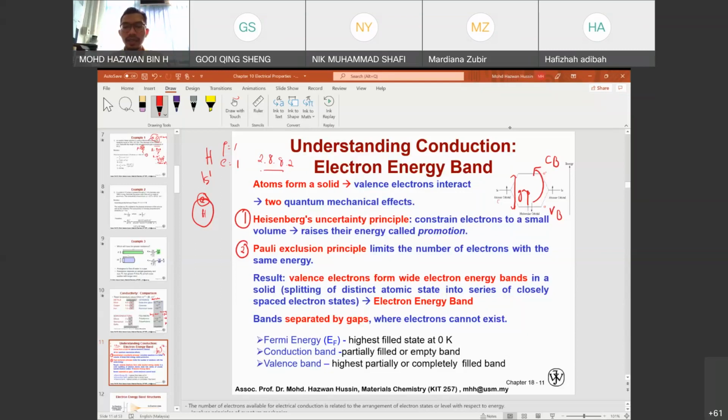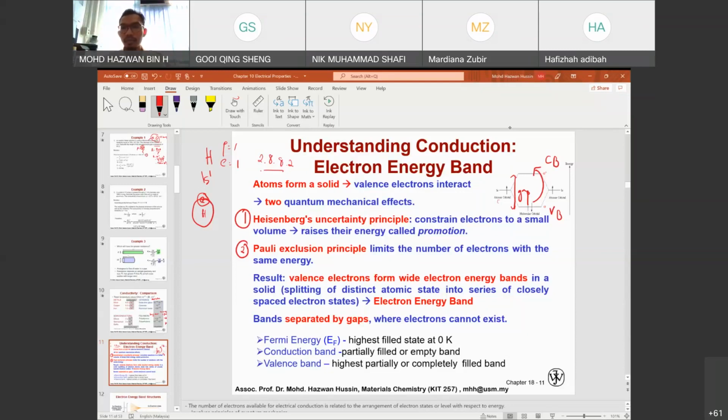Conduction band: partially filled or empty band, and we have valence band: highest partially or completely filled band. So yang ni yang kita cakap ni. Conduction band. This is actually the one located at the higher state. This depends. Okay. It can be partially filled or empty.